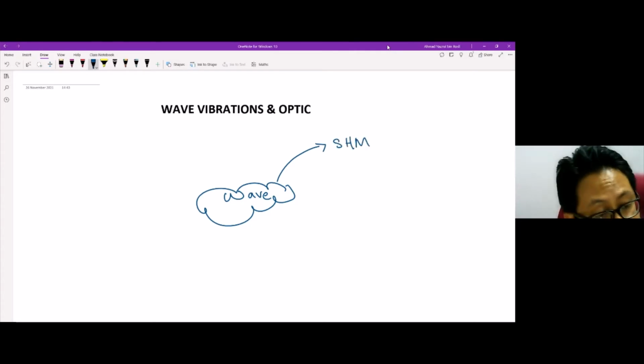In simple harmonic motion, you already learn about the mass spring system and also the pendulum. The mass spring system and the pendulum can be called part of the physical representation of wave and vibration.